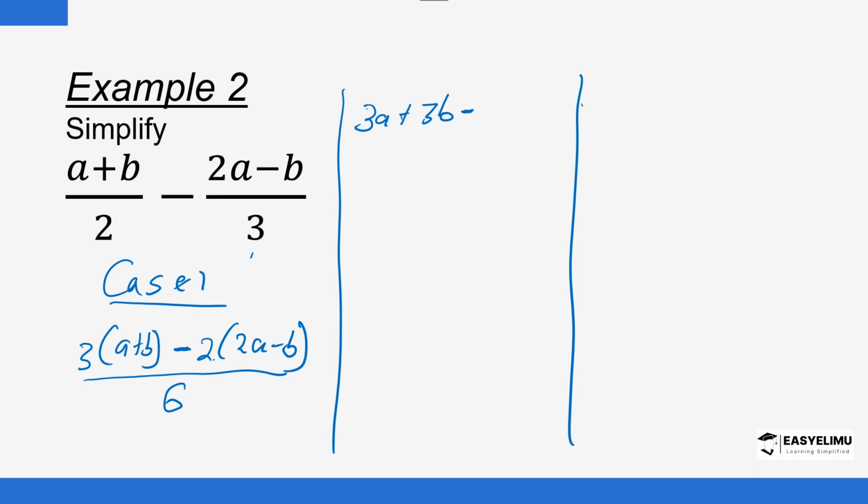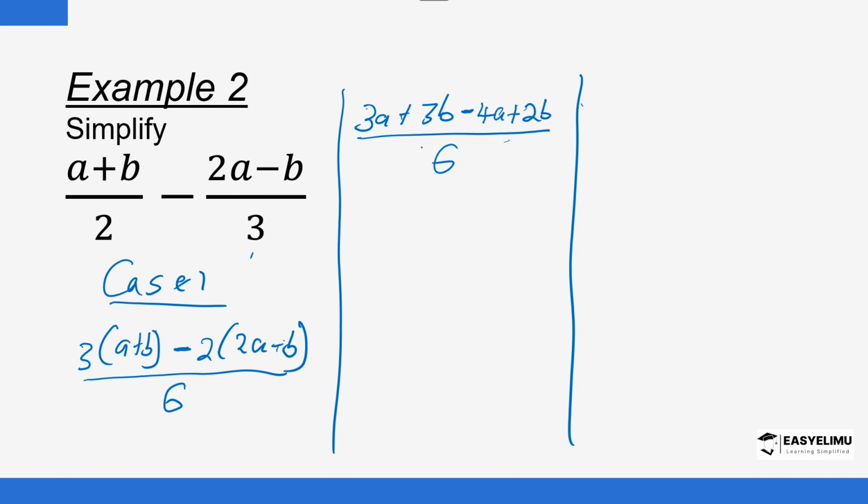Minus, again this number multiplies both numbers inside, but every time you see a minus sign before a bracket like this one, in the process of opening up the bracket, the sign inside the bracket will have to change. If this is minus, it will go to plus eventually after you've opened up the bracket. So 2 again multiplies 2 to give us 4a, and 2 multiplies b, but now that is going to be plus 2b, and of course we still divide it by 6.